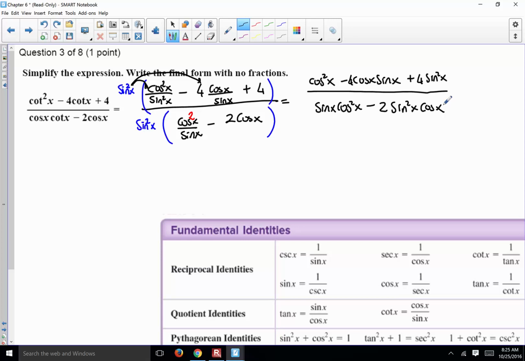You can cancel the sine x on top and bottom and then make up sine x squared. You mean something like this? Yeah. Well, technically no, because there are things added or subtracted to it.